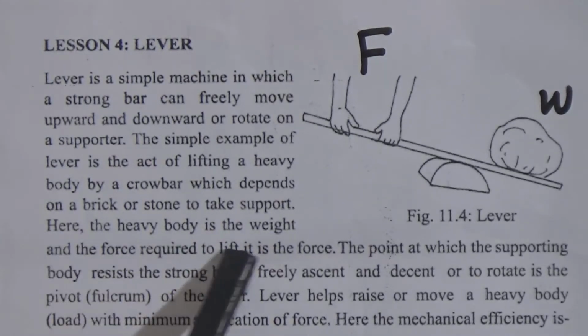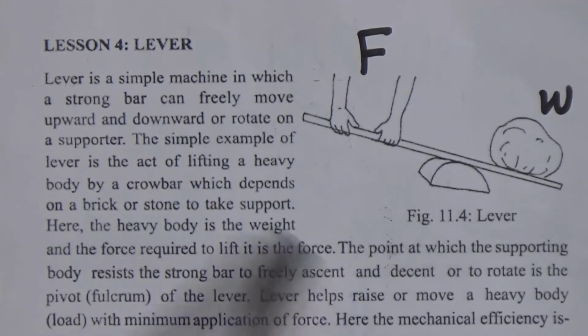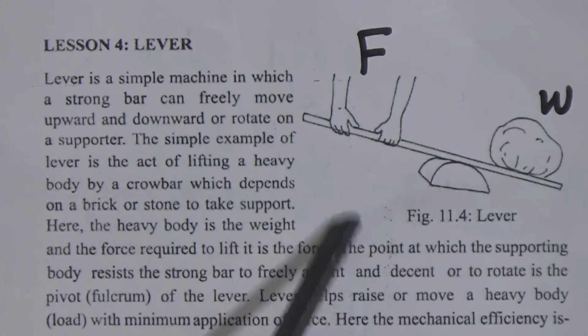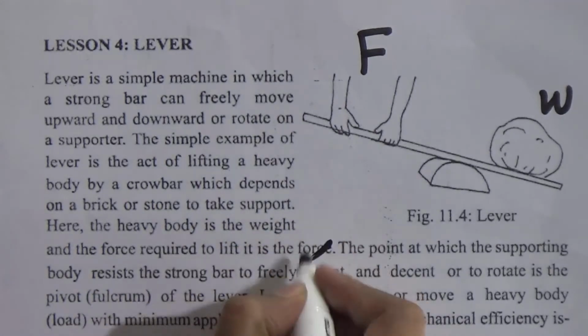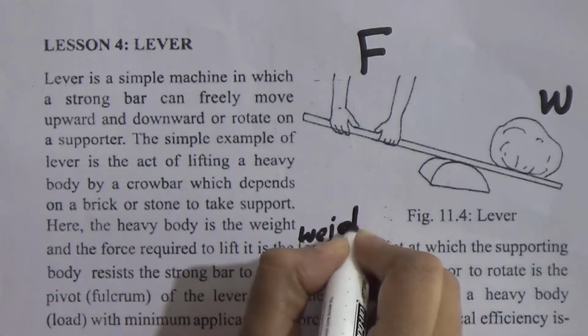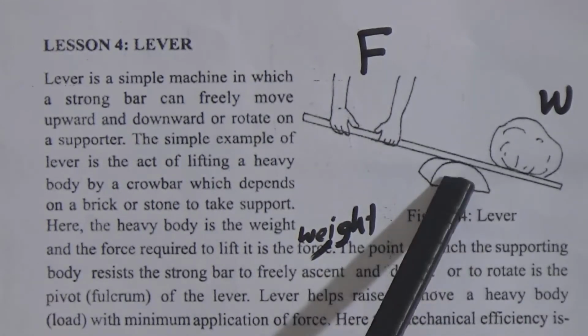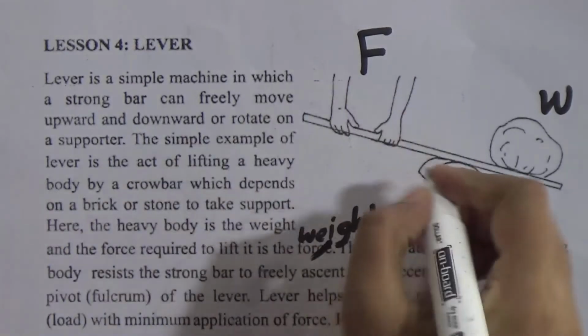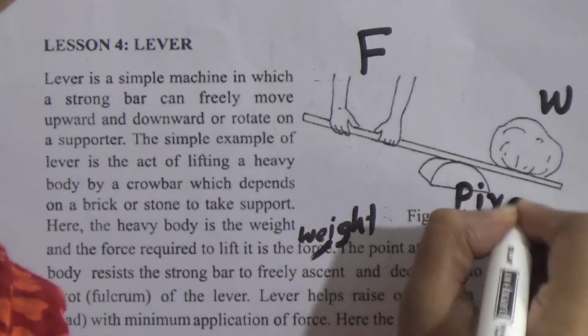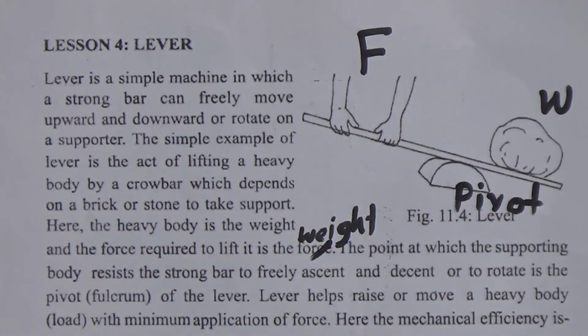And force required to lift the weight. The point at which the supporting body resists the strong bar to freely ascend and descend or to rotate is the pivot. That means this one is pivot or fulcrum of the lever.